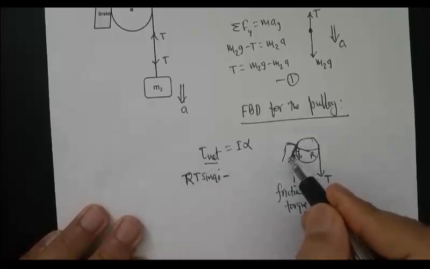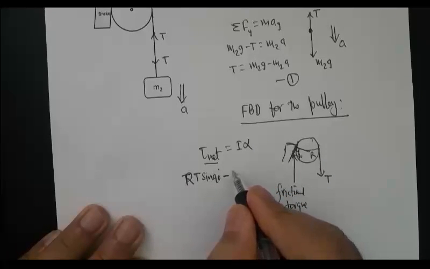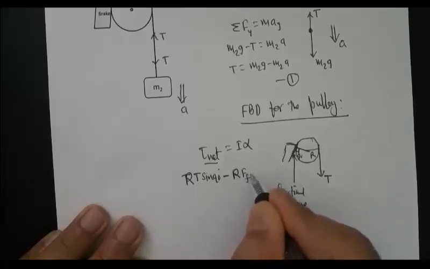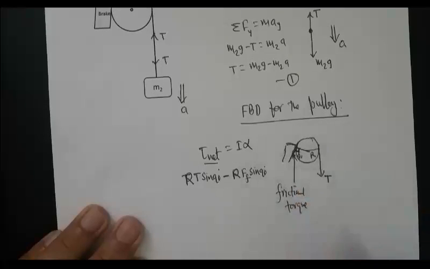The brake will apply negative torque because it is trying to slow it down. So I'm going to apply the frictional force, the radius is the same, and it also makes 90 degrees with the radius, is equal to I times alpha.